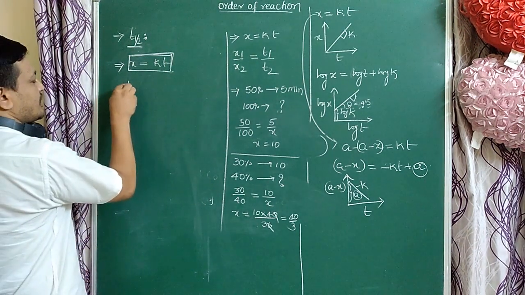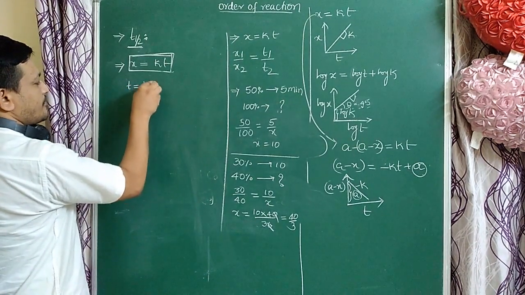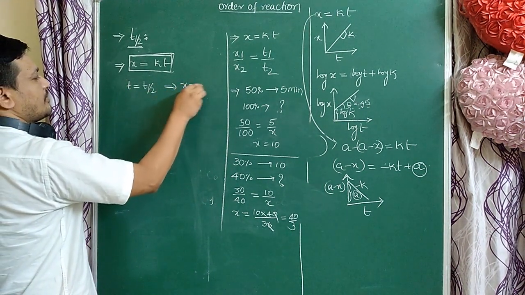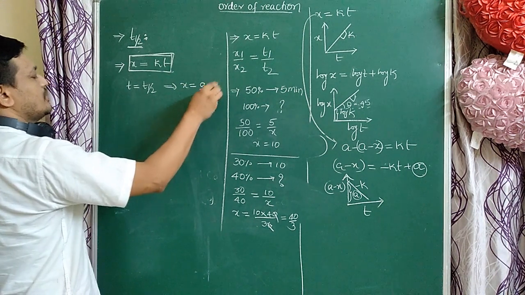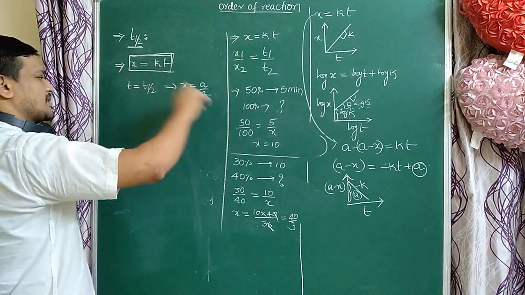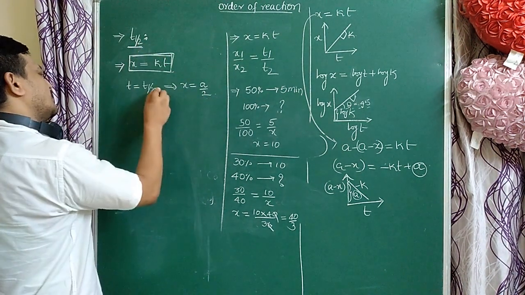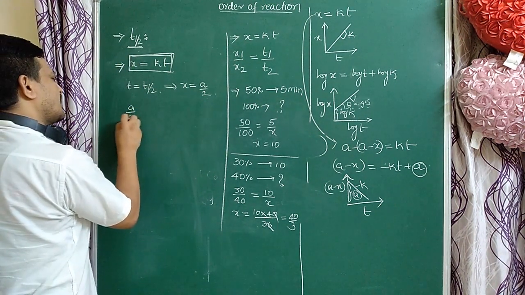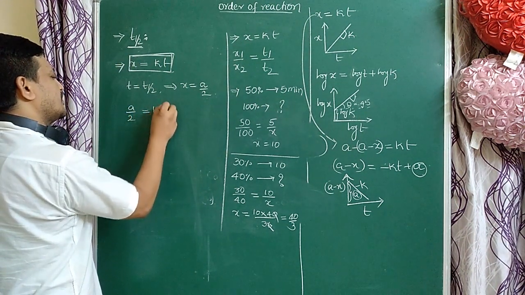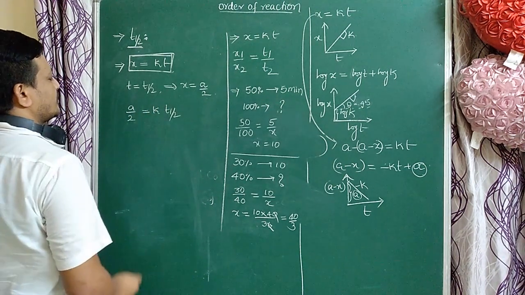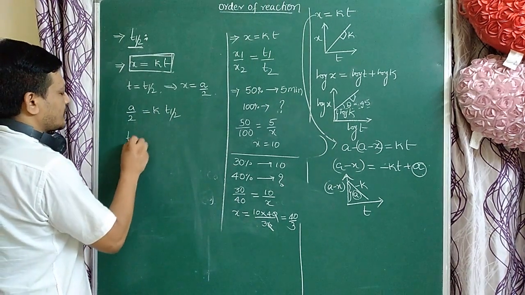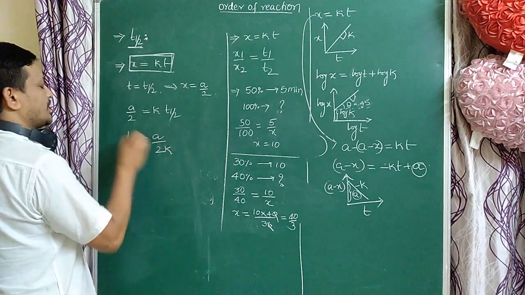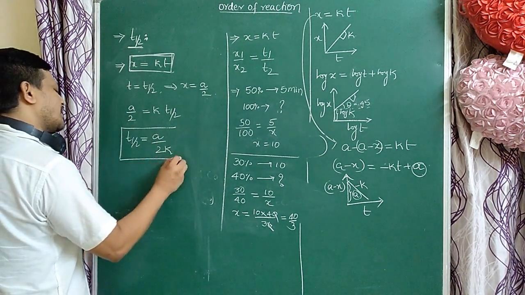So here t equal to t half, and x equal to a by 2. A means initial concentration, by 2. Substituting this term in the equation, a by 2 equal to k into t half, so t half equal to a by 2k.